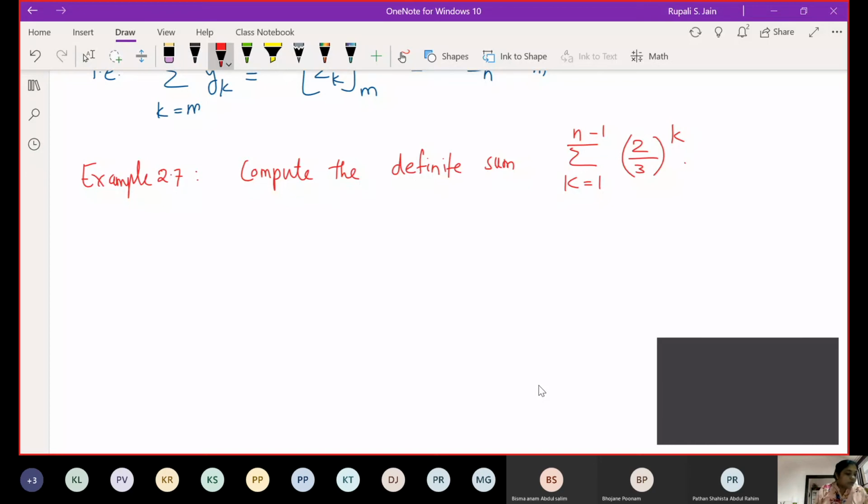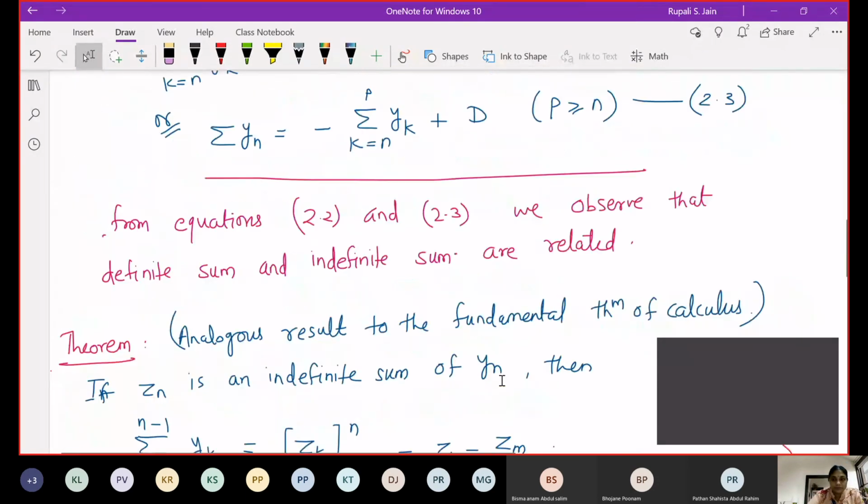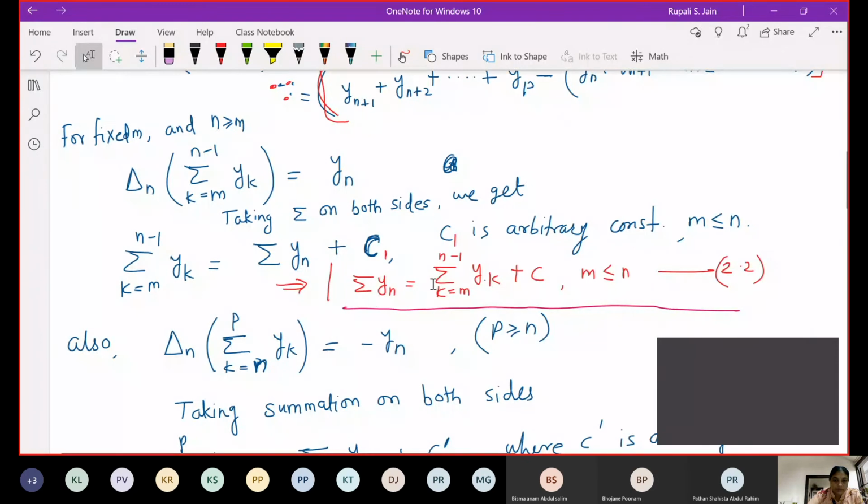We want to compute this definite sum. So from 2.2, I can use this, this finite sum I can write in terms of indefinite sum, right? I can use either this or this one.